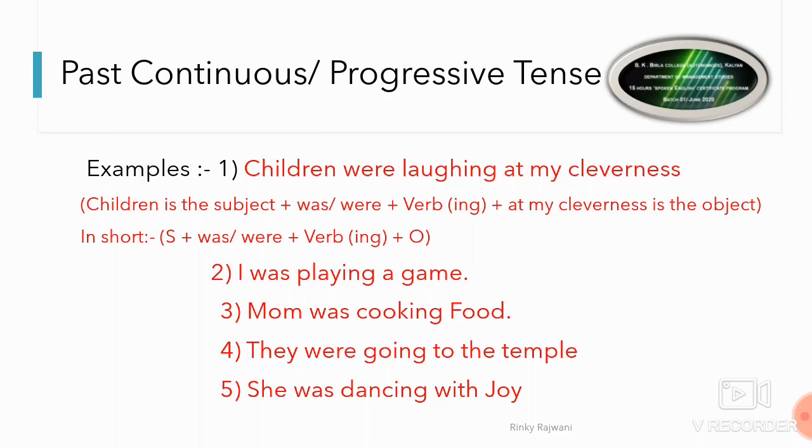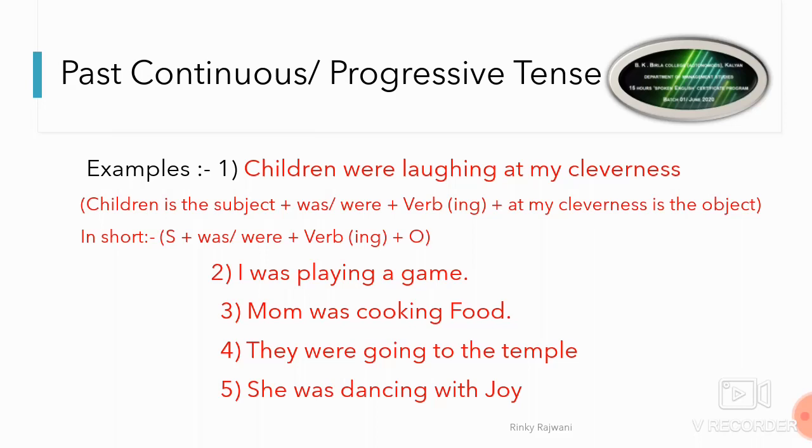Then we will add verb plus ing, and then the object. What is the object here? At my cleverness is the object. So children is a subject plus was or were plus verb, that is ing, I have to add in it, and plus object, that will give me the statement for the past continuous progressive tense.